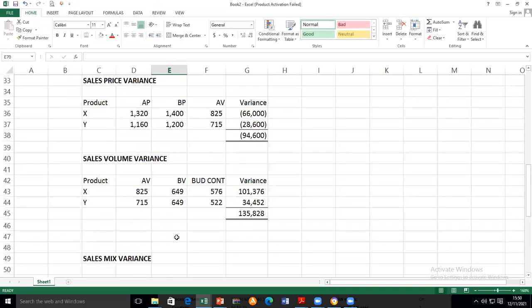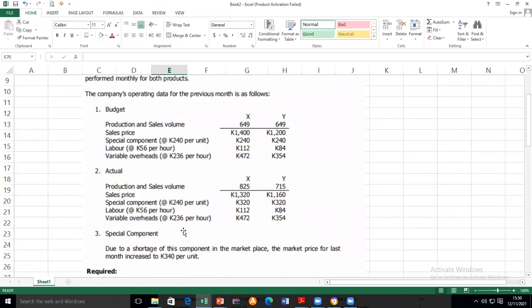What was the quantity that was bought? Special component, 240 per unit. How many units are we talking about?